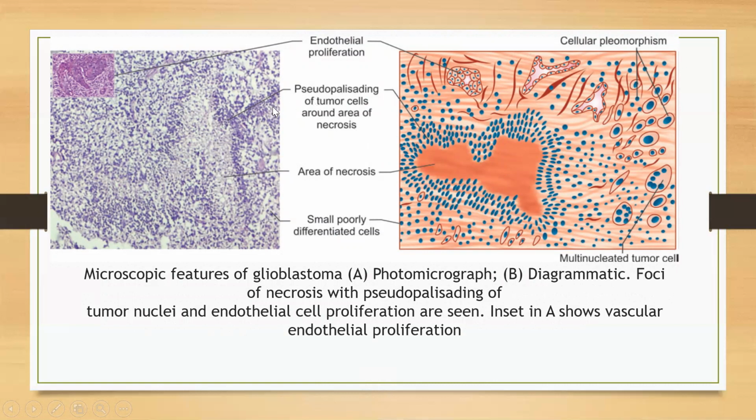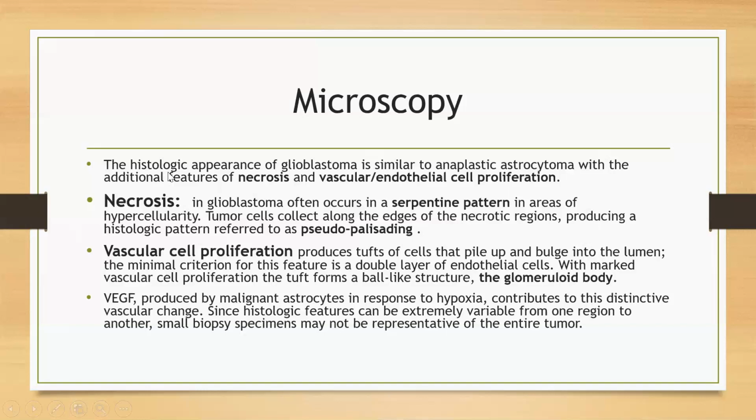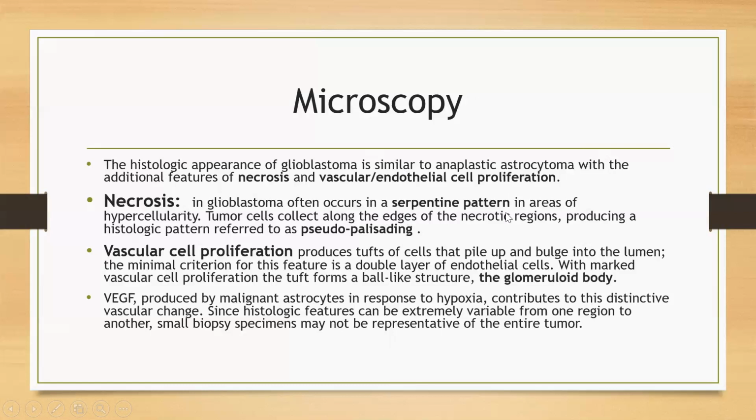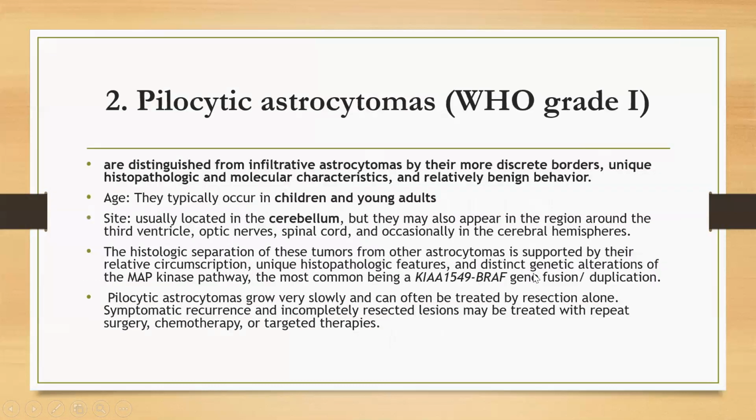Tumor cells collect along the edges of the necrotic zone, producing a histologic pattern referred to as pseudopalisading. This is endothelial cell proliferation. They will form ball-like structures, the glomeruloid bodies.